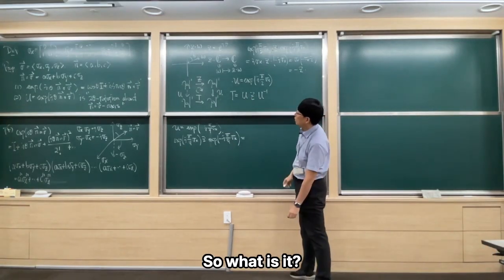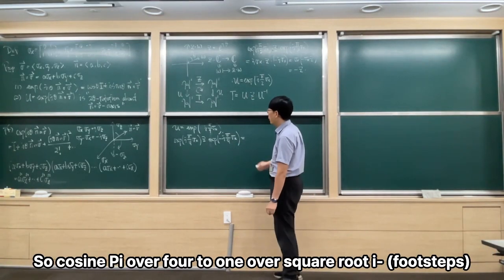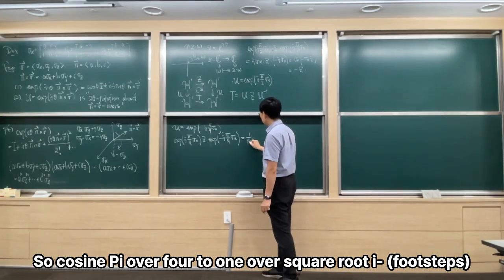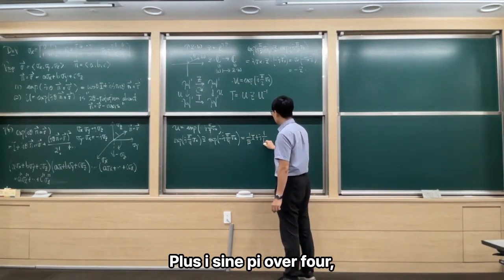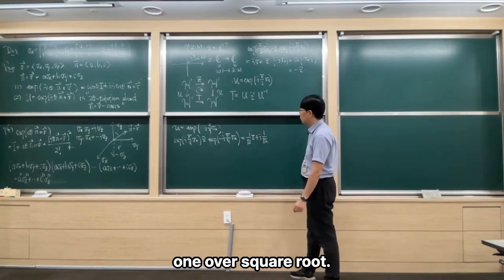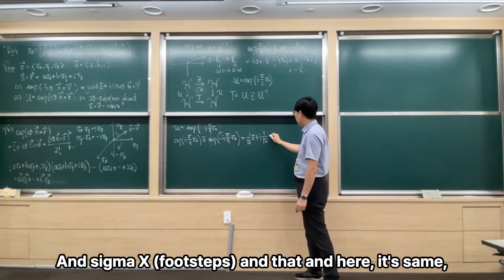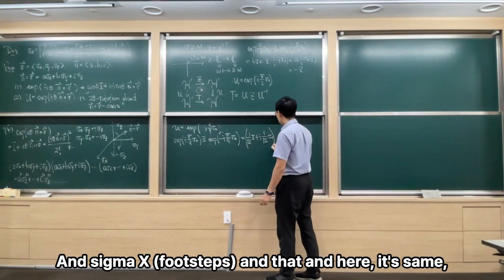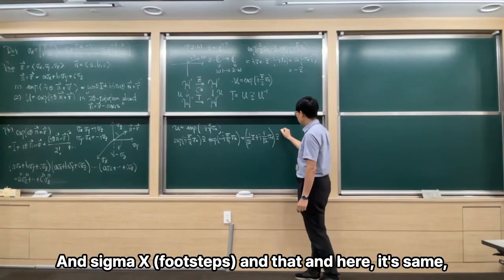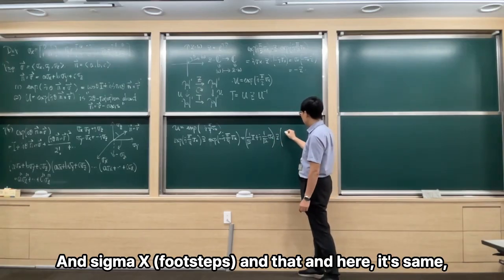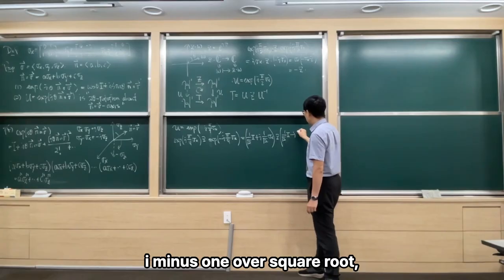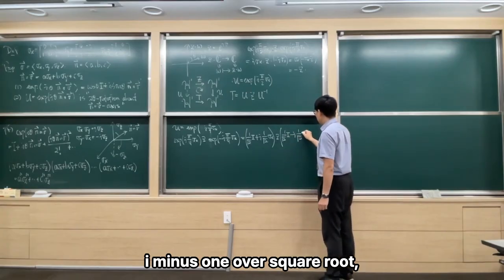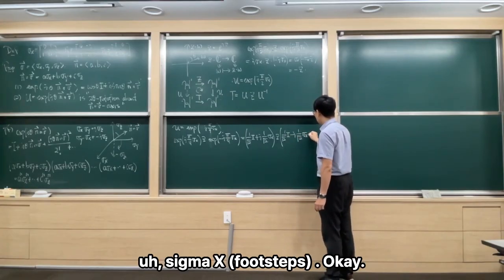So what is it? Cosine pi over 4 is 1 over square root 2, I plus i sine pi over 4, 1 over square root 2, sigma x, and here it's the same, 1 over square root 2 I minus 1 over square root 2 sigma x.